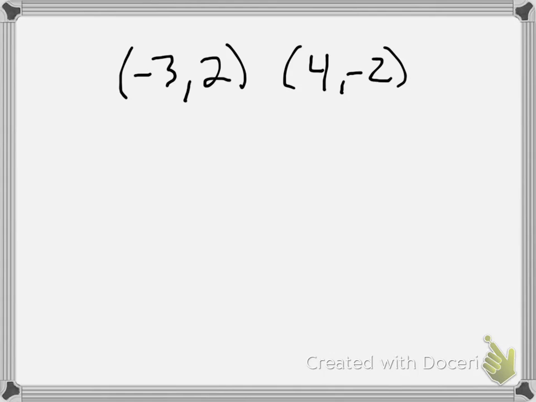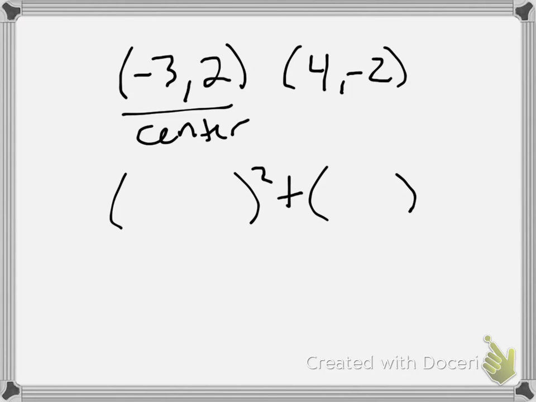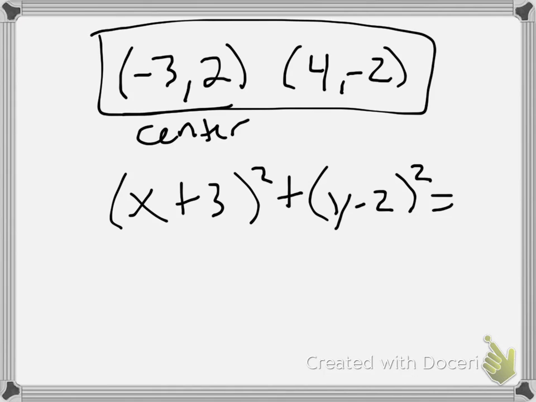It does matter which one is which. It looks like this one right here was the center in your problem. Since you have the center, you can write the first part of your circle equation. Again, opposite signs, so +3 and minus 2. The only thing is it's equal to your r squared, so you have to find the radius, which means you have to use the distance formula between those two points.